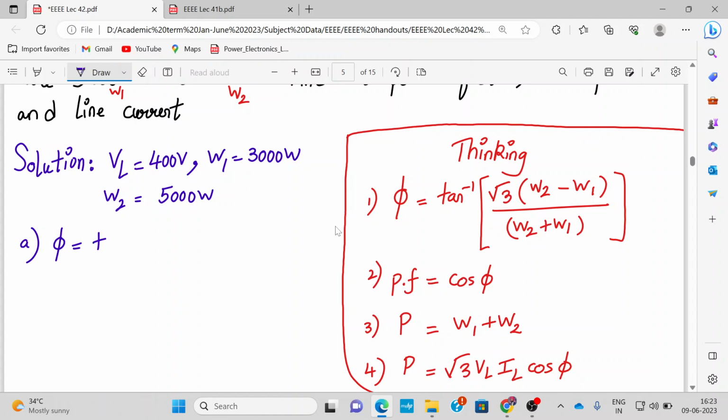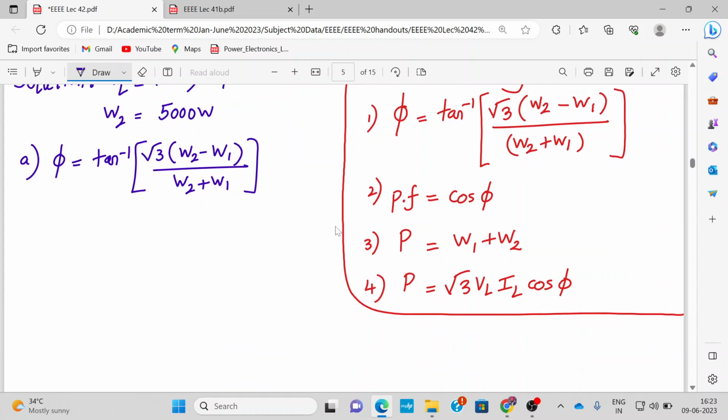Phi is tan inverse of, now in this case W2 is greater than W1, so we'll write the formula accordingly. It will be W2 minus W1 divided by W2 plus W1. Alright, so substitute the values over here.